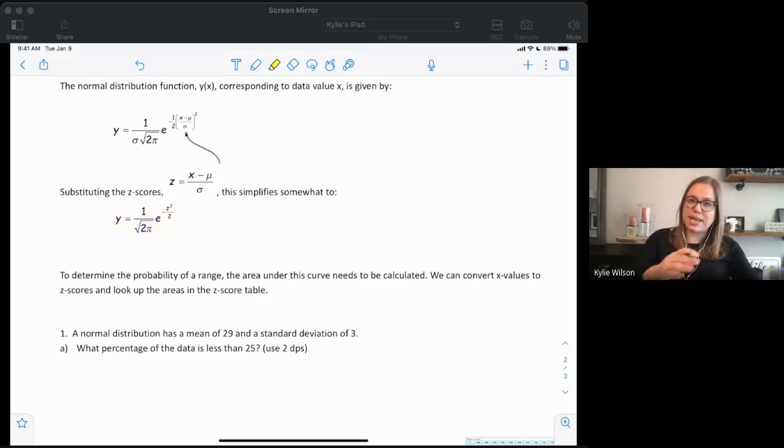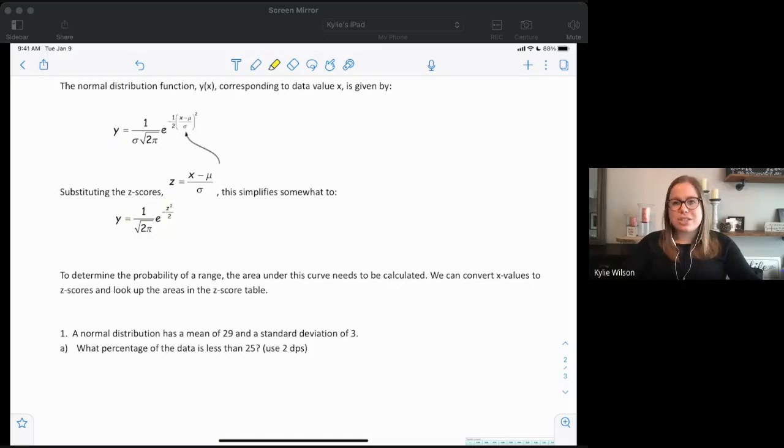Now, this is out of the scope of our class, but it is useful to know that there is a function associated with this. Now, anytime I'm finding a probability with a continuous distribution, I need to find the area under the curve for the range I'm looking for. Now, as you could imagine, this is a pretty complex formula, and our curve is also a really funny shape.